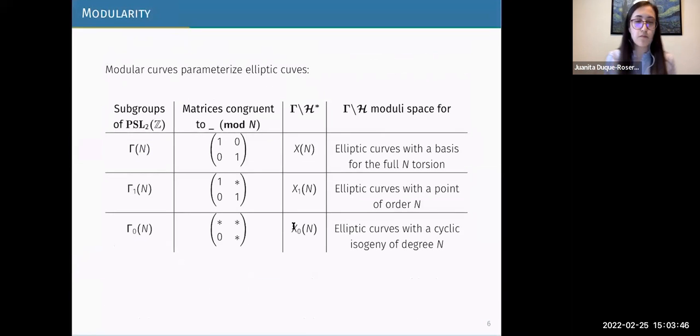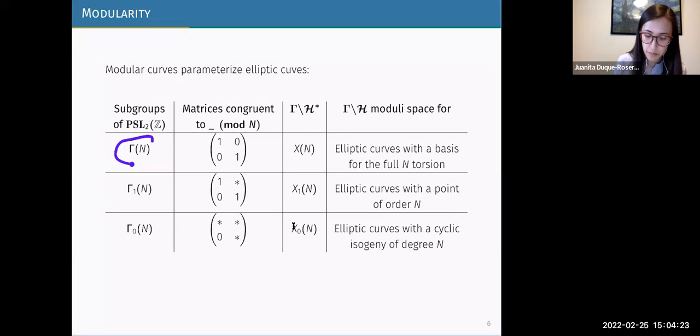Part of the reason why we want to study modular curves is because they parameterize our beloved elliptic curves, right? If you take certain congruence subgroups here, you get a moduli space for elliptic curves with certain properties. So if you, for example, take the congruence subgroup Gamma(n), so that's matrices that are congruent to the identity mod n, this parameterizes elliptic curves with a basis for the full n-torsion.